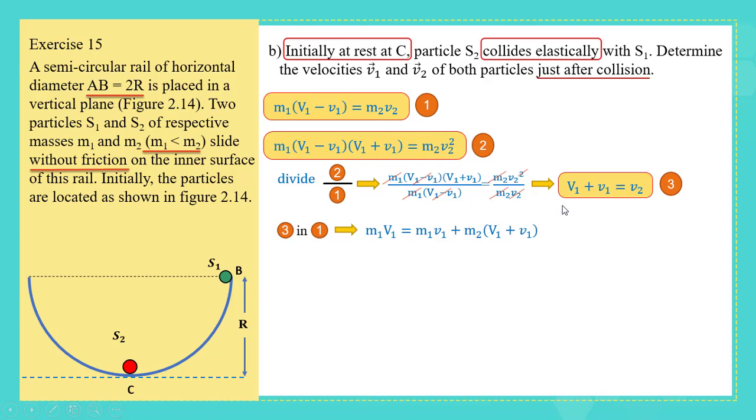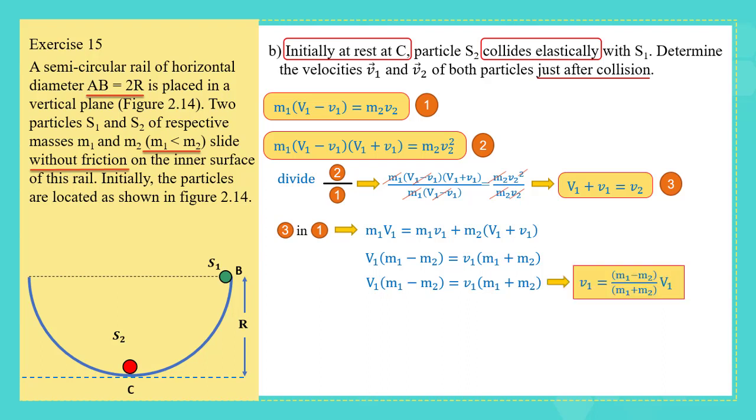Remember that we want to find v1 after collision or v2 after collision, and in this equation we have only one unknown, which is v1 after collision. Rearrange this equation to find v1 on one side and the rest on the other side. The equation will be number 4: v1 equals m1 minus m2 over m1 plus m2 multiplied by v1, which is the velocity before collision.